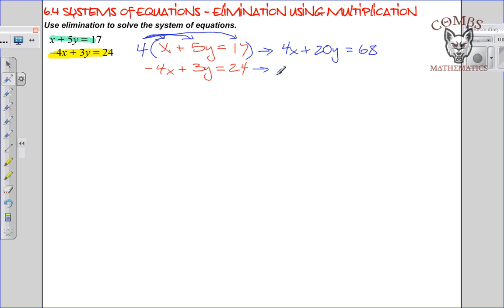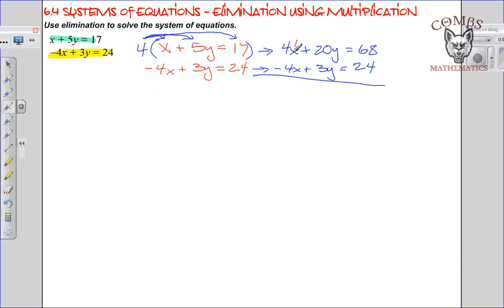And then we can just bring over the bottom equation. Negative 4x plus 3y equals 24. Now we can eliminate the x variable terms because we have variable terms with the same coefficient of opposite sign.